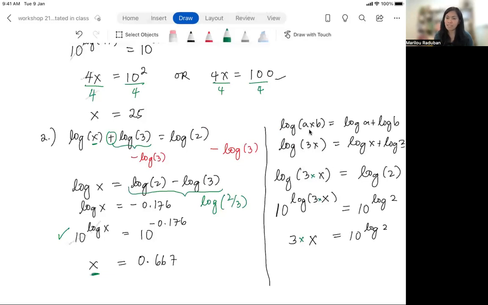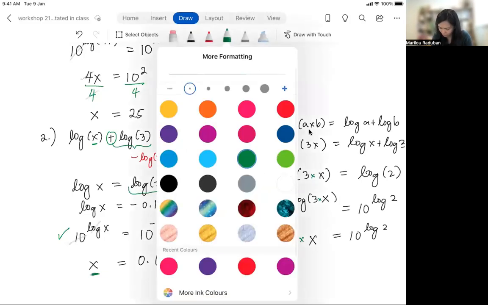Which one is easier for you to work through. In this part here, I remove log 3 by subtracting log 3. In this second solution, on the left side I combine log x plus log 3 into a single log using the rules. Let's just finish what I've started here.